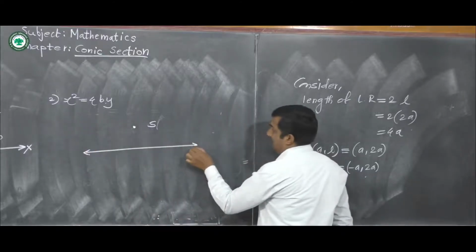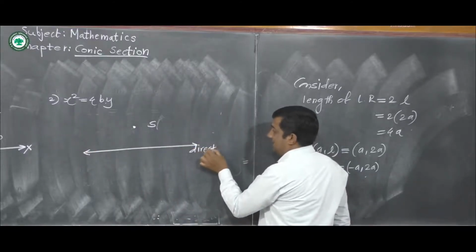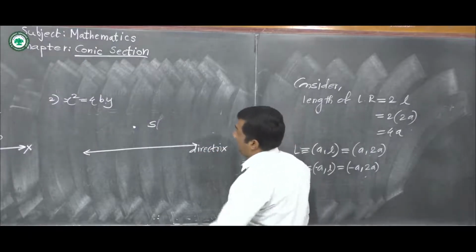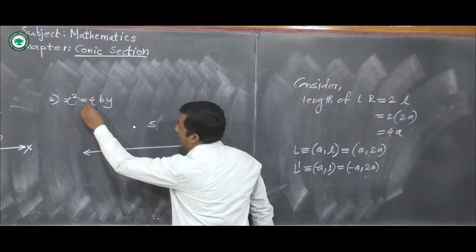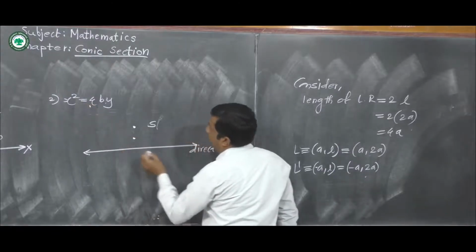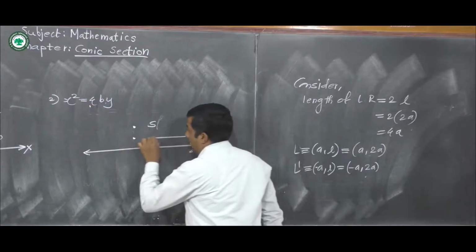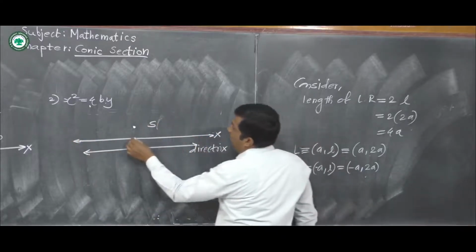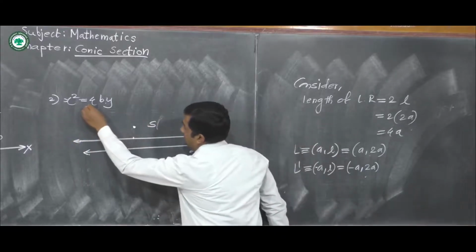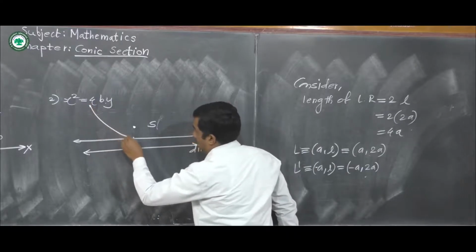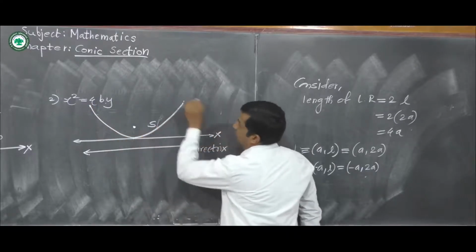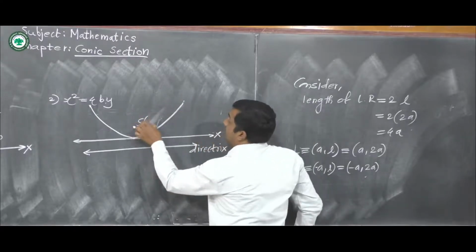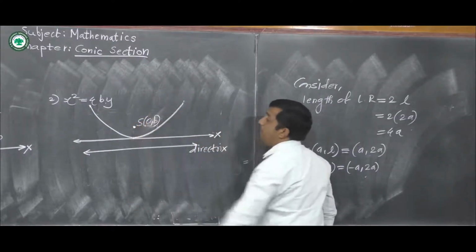This is the line, and we call this the directrix. We consider the coordinate axis. Suppose our parabola passes through the origin, like this. So this is our parabola. Here the coordinates of S are 0, b.